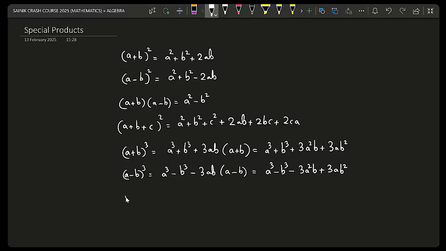Now the factorization of a cube plus b cube is (a plus b) multiplied by (a square minus ab plus b square).